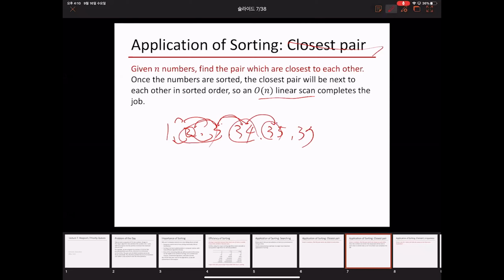In the view of 35, 34 and 37: I should hook up with the 34. In the view of 37, I should hook up with the 35. I don't need to find all pairs, but I need to find the closest pair, which means I can do this in a linear scan, left and right. Clear? Okay, thank you, Woo-hyun. Can I move on to next?